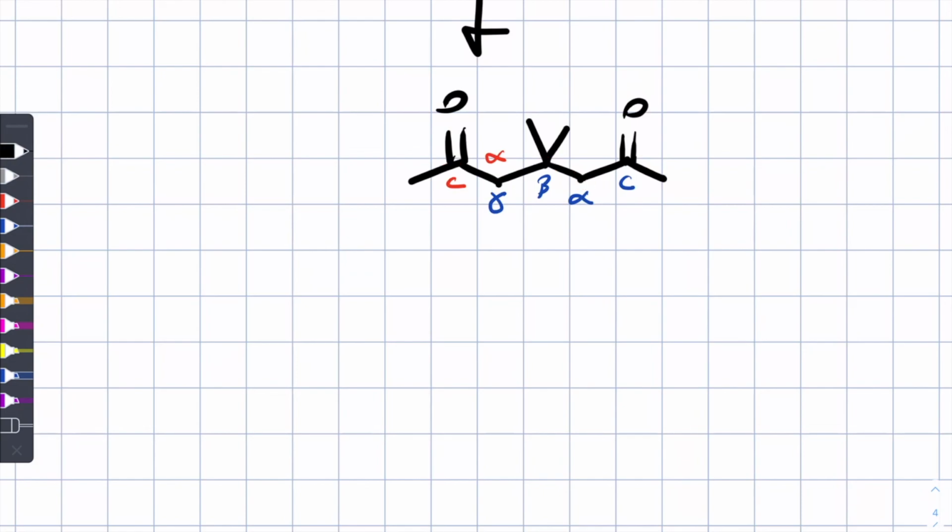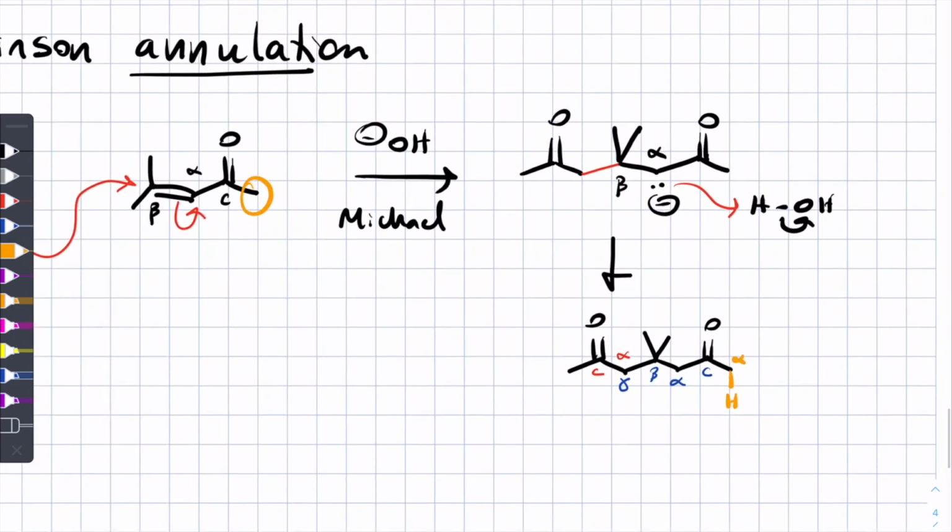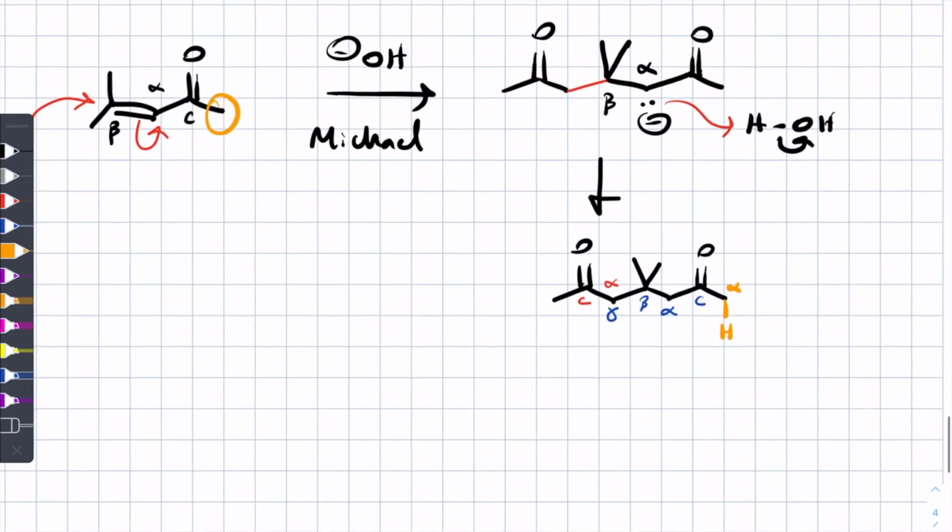If instead we removed this other orange alpha proton that was on this portion of our alpha-beta unsaturated carbonyl compound, then we'll generate a new enolate that we can use in an intramolecular aldol to make a 6-membered ring.